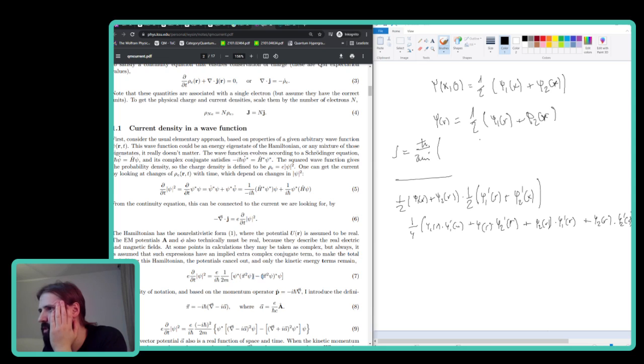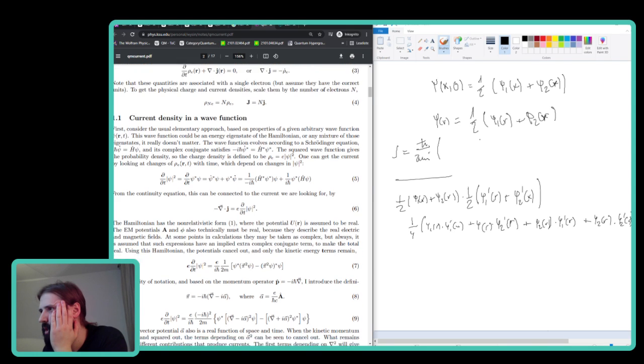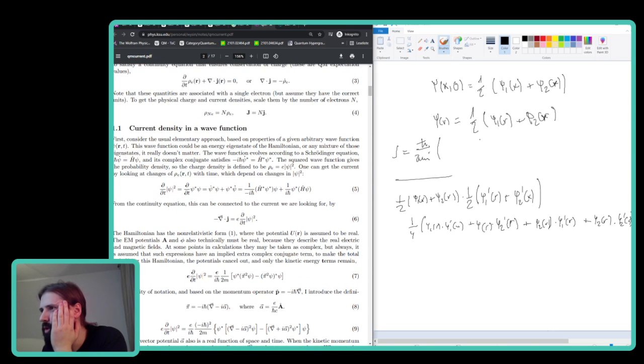What is this? Okay, so this is almost what we're looking for. The Hamiltonian has the non-relativistic form where the potential is assumed to be real. The EM potentials A and technically must be real, because they describe the real electromagnetic field. At some points, the calculation may be taken as complex, but it is always assumed that such expressions have an implied extra complex conjugate term to make the total real.